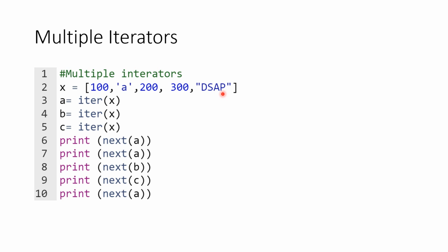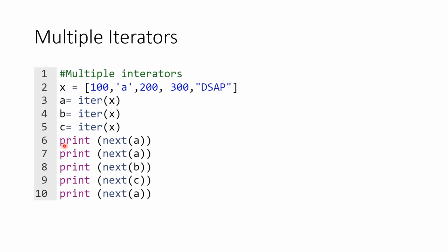Now for the single list X, I set iterator objects A, B, C. So for a single iterable X, we have the iterator objects A, B, C as well. A will be an iterator for the iterable X, B will be an iterator for X, and C will be an iterator for X.